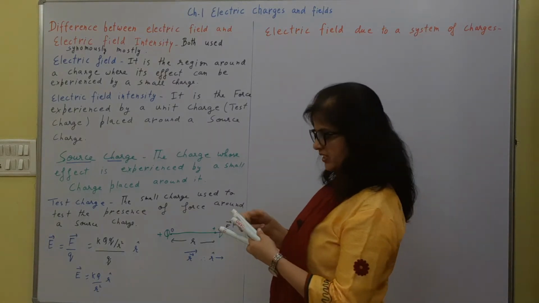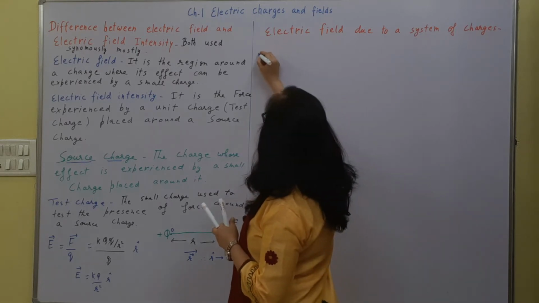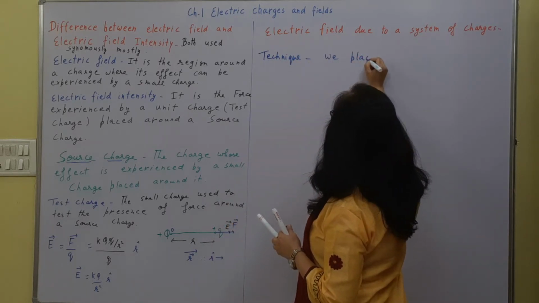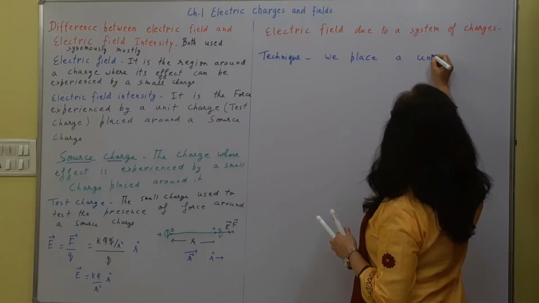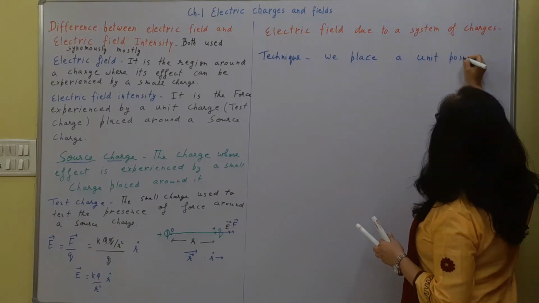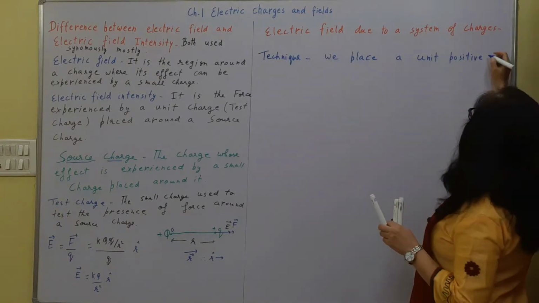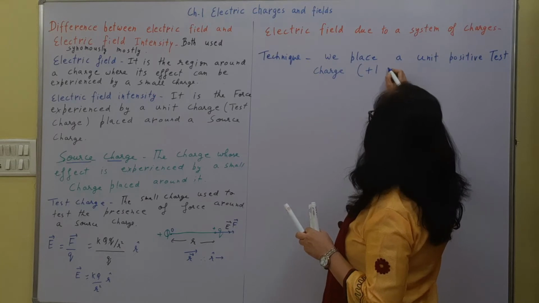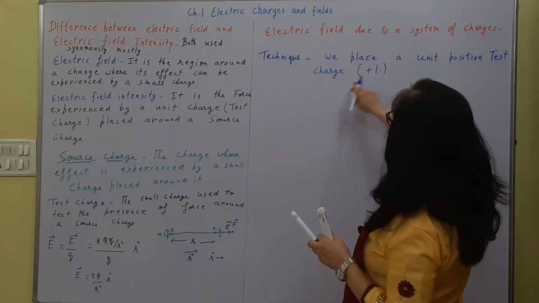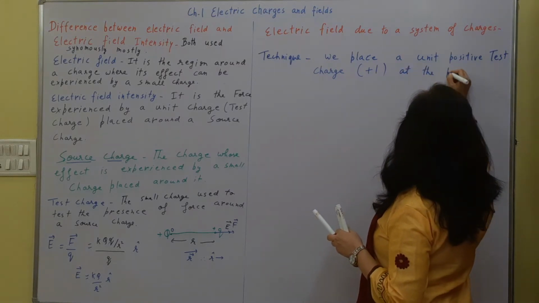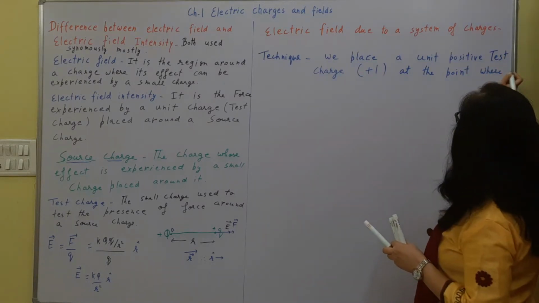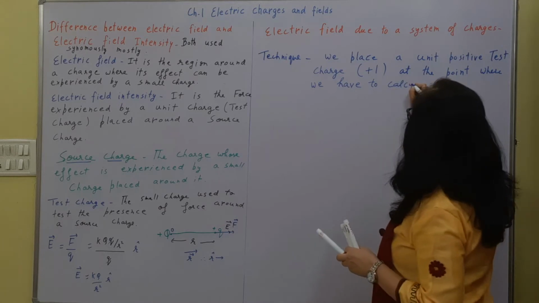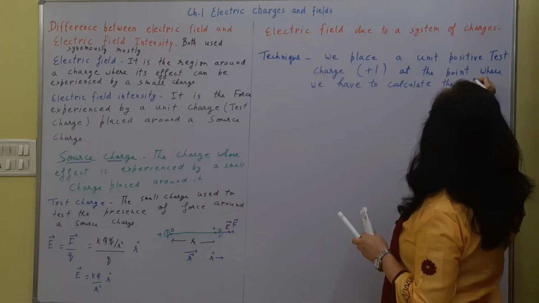So, for electric field due to a system of charges, you have to keep the technique in mind: we place a unit positive test charge, that is plus 1 coulomb charge, by convention, at the point where we have to calculate the electric field.